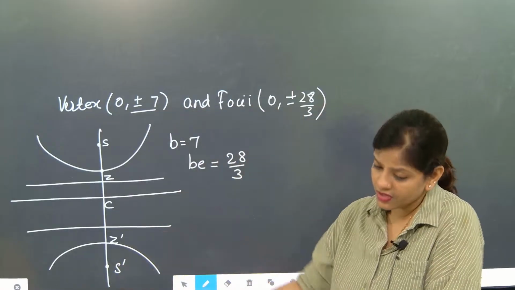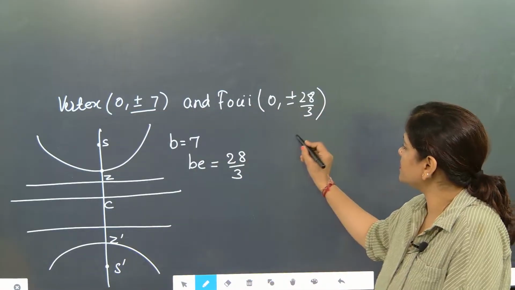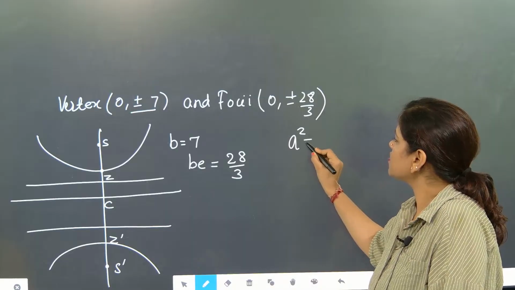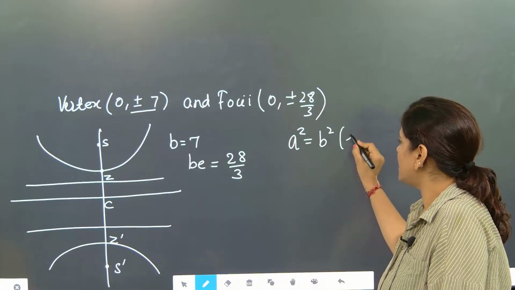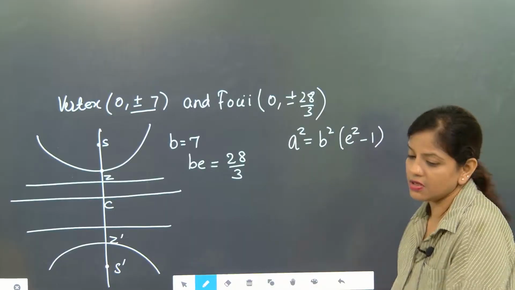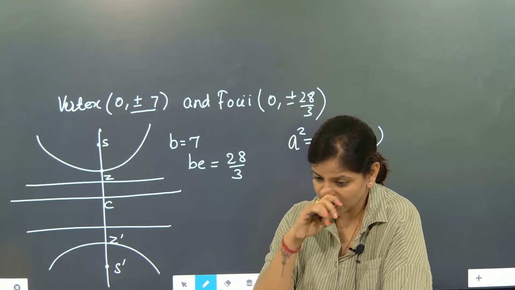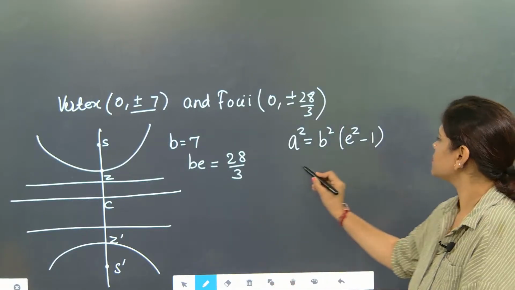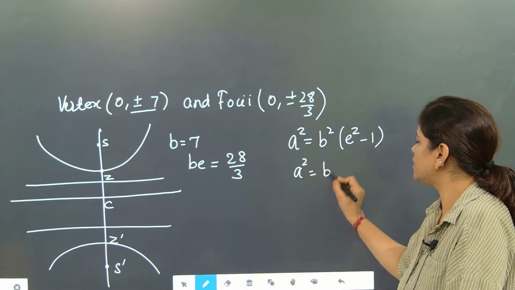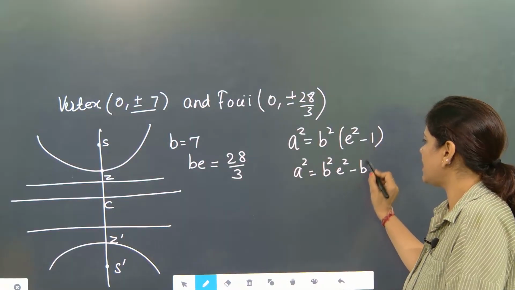Now what will be our equation in this case? Our equation will become A square is equal to B square E square minus 1. Remember this part. So A square is equal to B square E square minus B square.